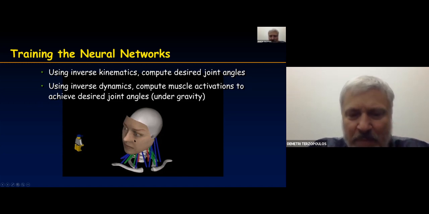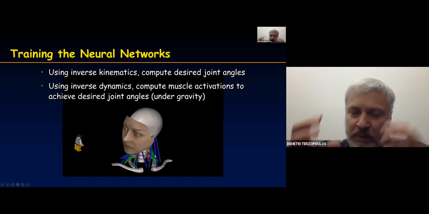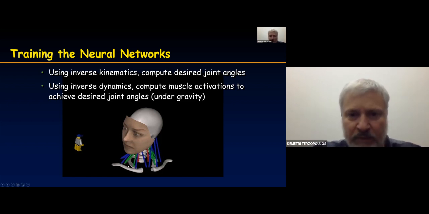But remember that this head is in gravity. So gravity is pulling down. That means that the muscles have to exert forces on the bones in order to keep the head in that pose despite the downward pull of gravity.